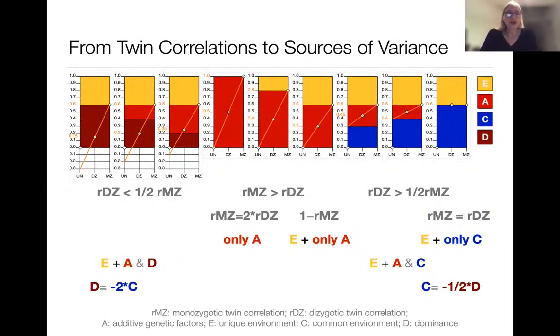So you see here that if you fit an ADE model, you could end up recalculating it as an ACE model and vice versa just by using those conversion formulae. So I hope this gives you a better sense of how we go from twin correlations to estimating sources of variance.